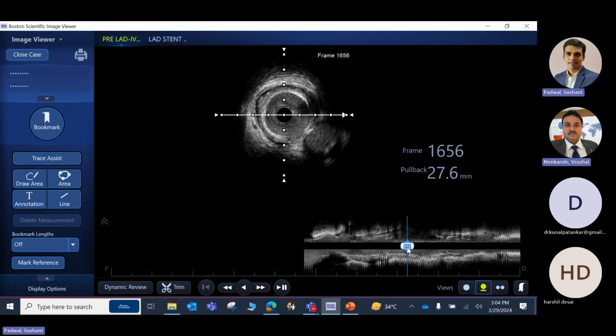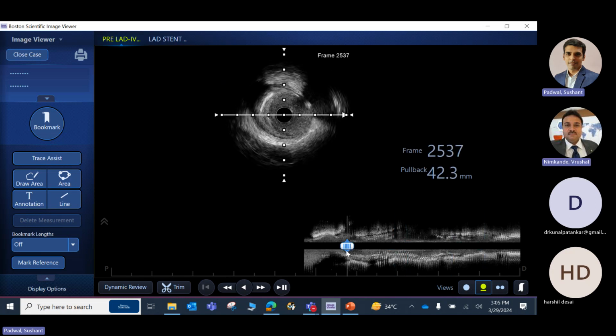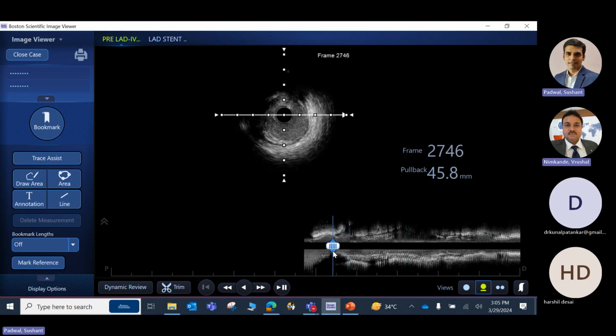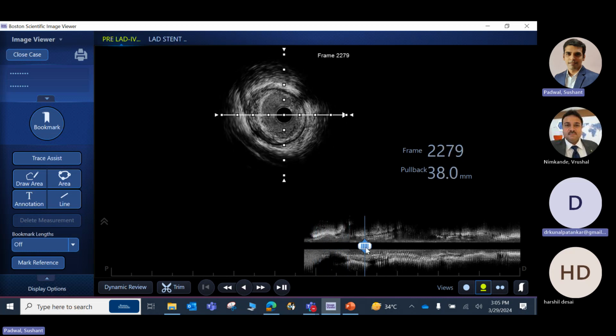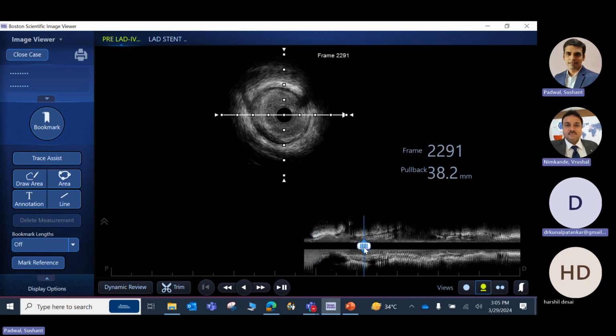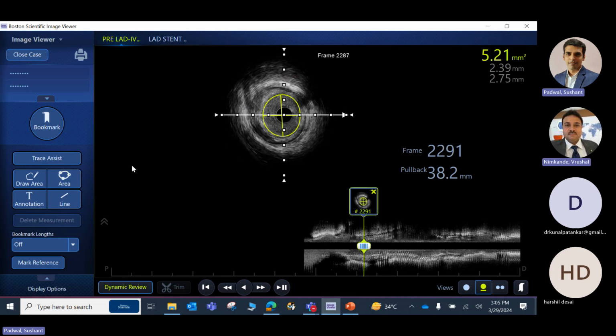Stop in a healthy segment, proximally, whichever segment you see. And now put the measurement here. So he just needs to identify the intima for identifying the lumen diameter and click done. It's so simple.